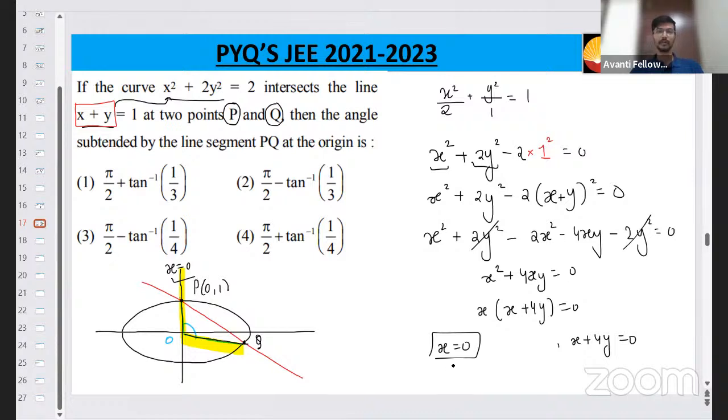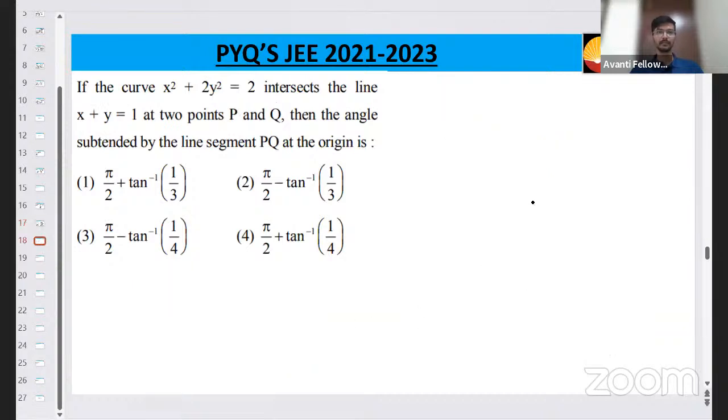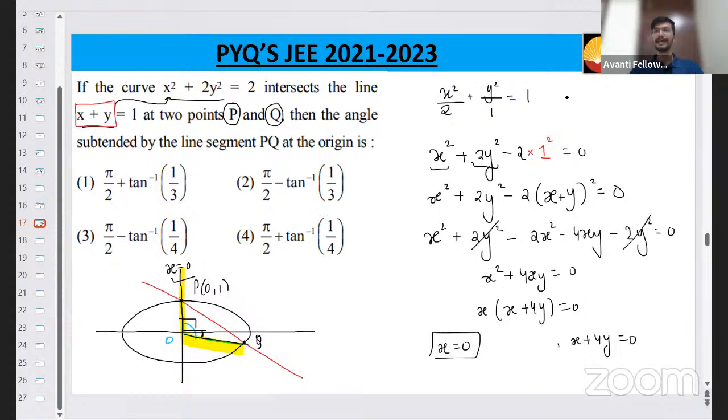Right? How to get the angle between them? This angle will be equal to 90 plus this, right? So how to get this angle? So our answer, let me write it here. Answer would be 90 plus this small angle theta. Now this is the angle made by this line with the x-axis, correct?